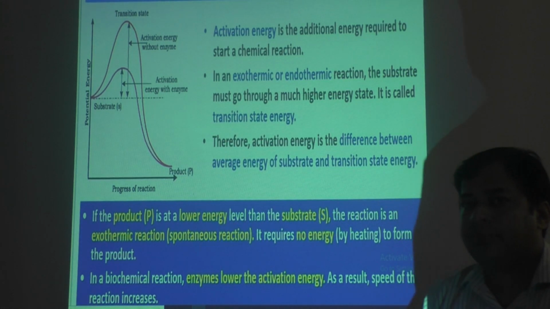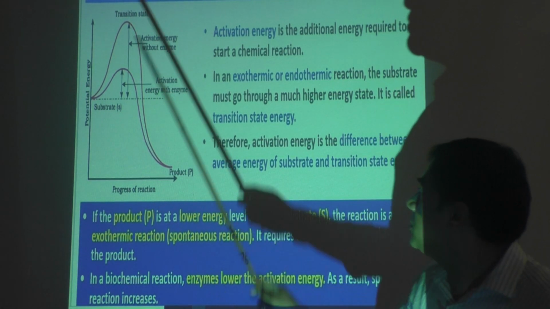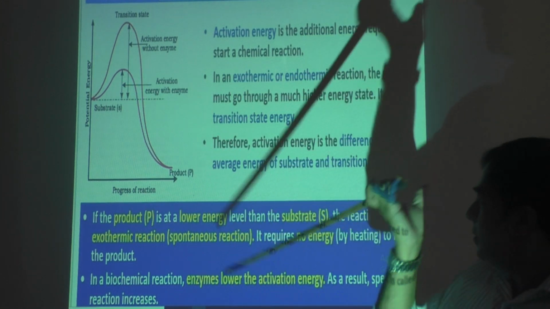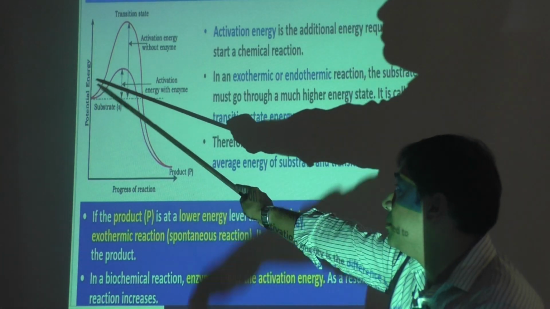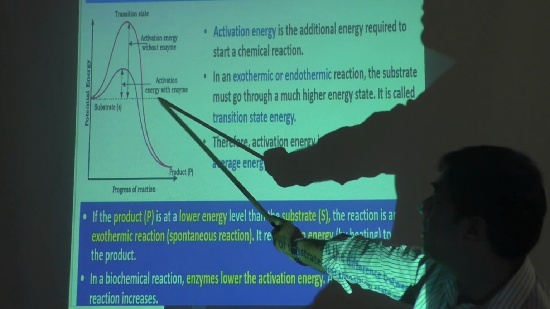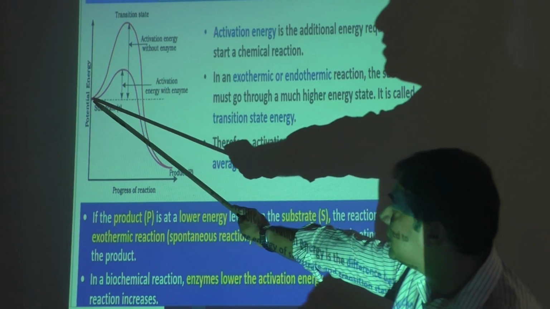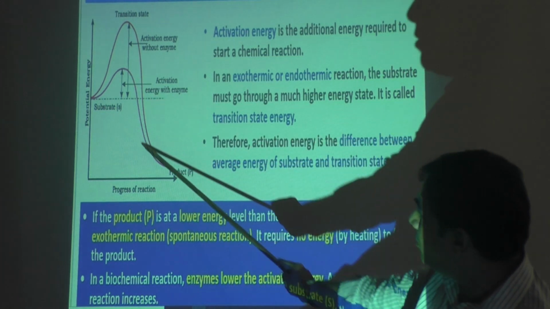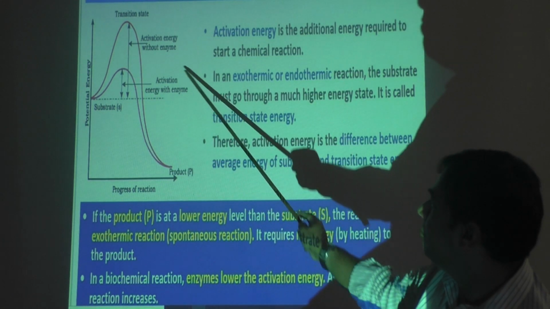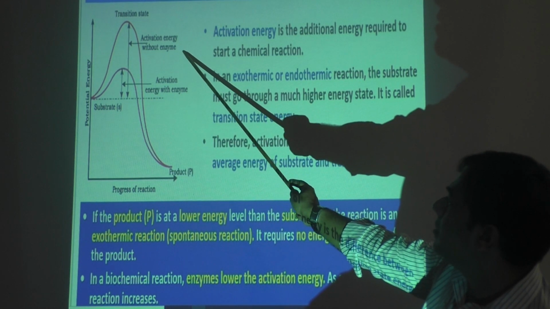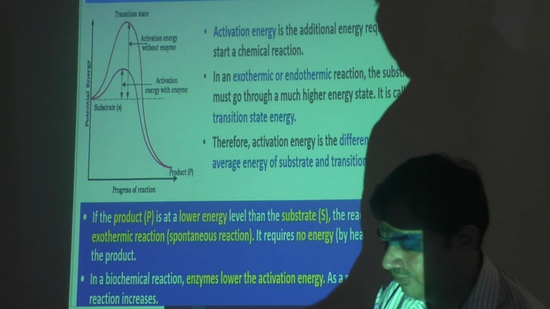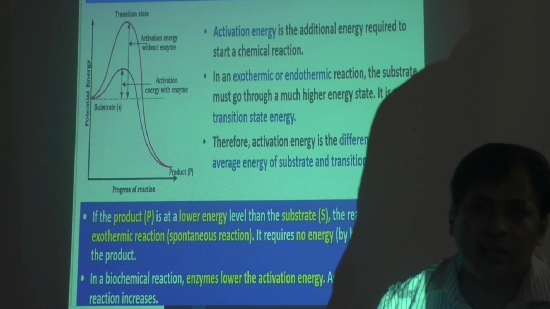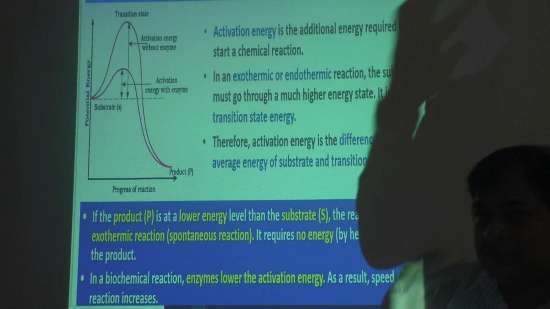In the first one, activation energy with enzyme: when activation energy is there, the reaction will happen very quickly. Without enzyme, what do you understand? Activation energy will come in a reaction only when enzyme is used.